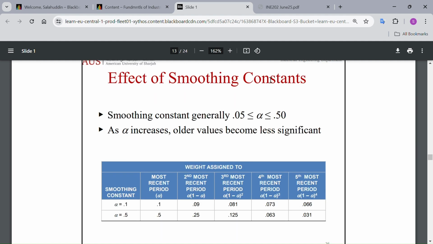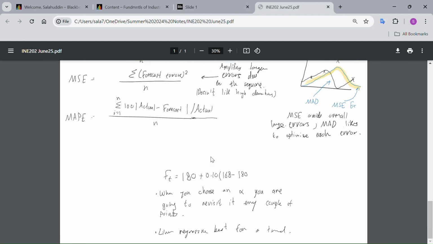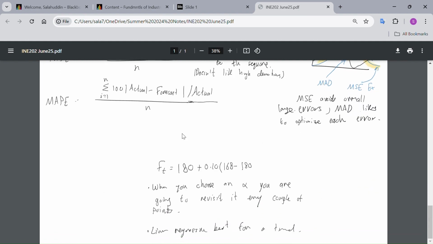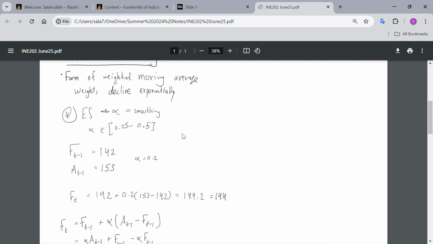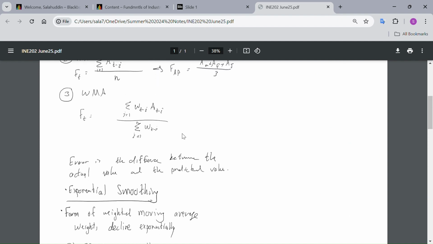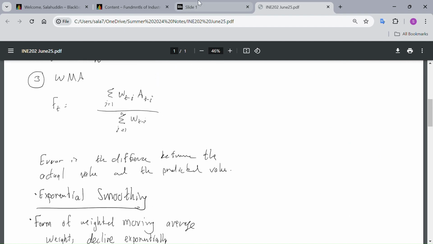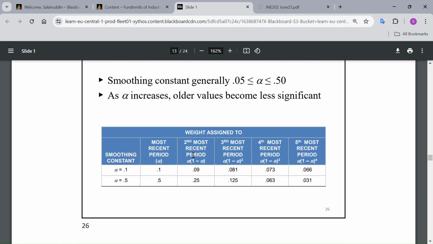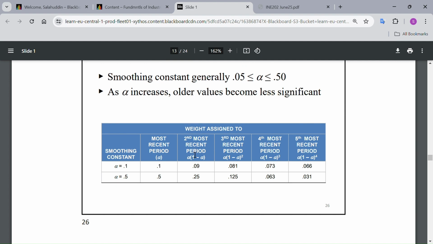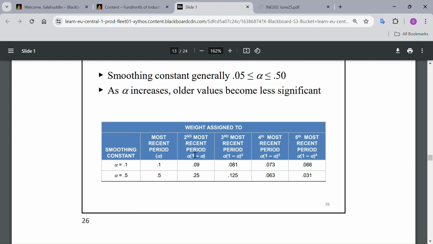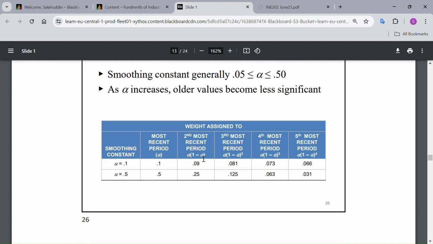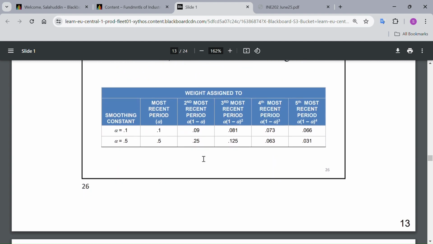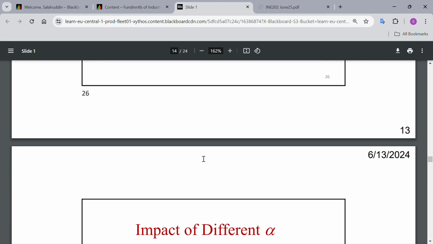If I go to my notes, you can see that the error is basically the difference between the actual value and the predicted value. Based on that, we can evaluate our forecast.